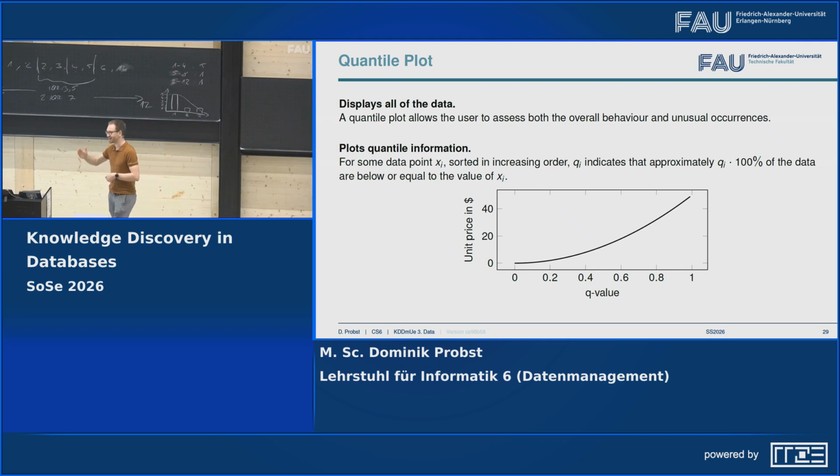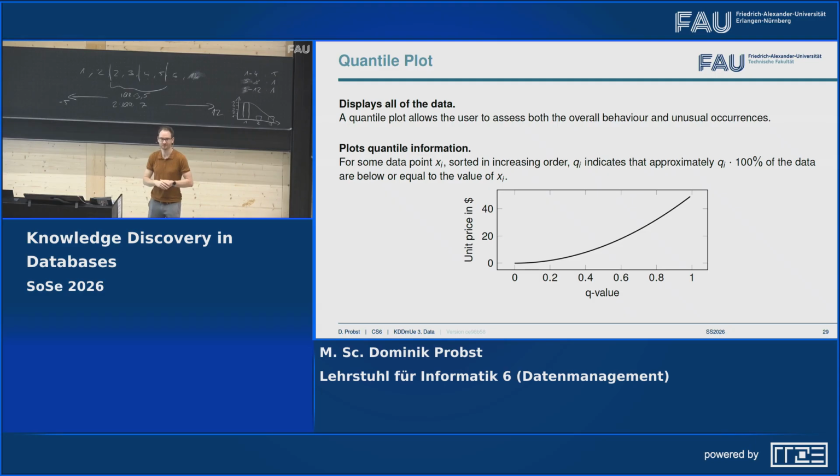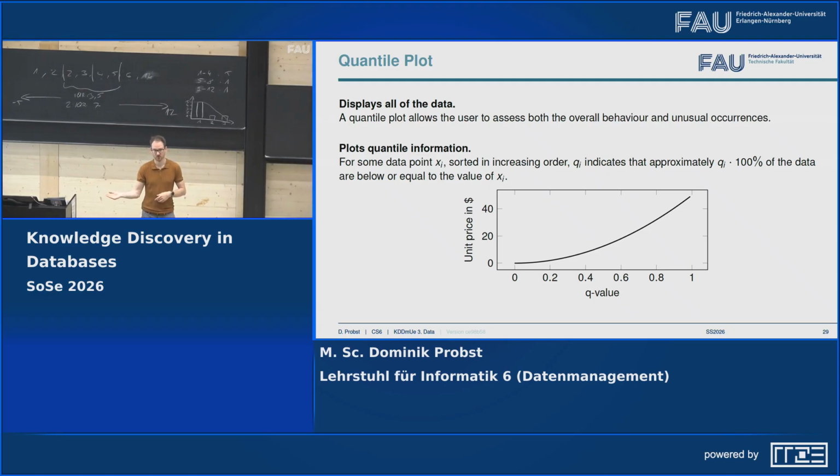While quartiles are only at each quarter, quantiles can be at every percentage. So we can define a 25% quantile, for example, which is exactly the same as the first quartile, because it lies at 25% of data.